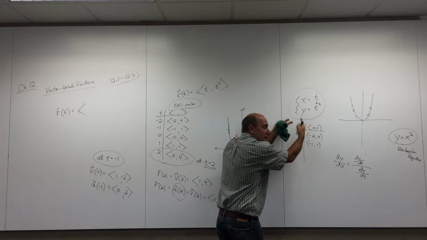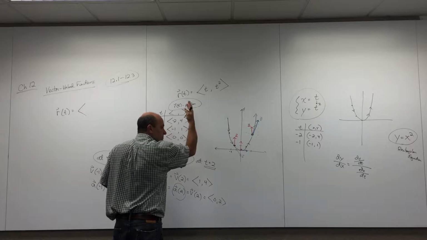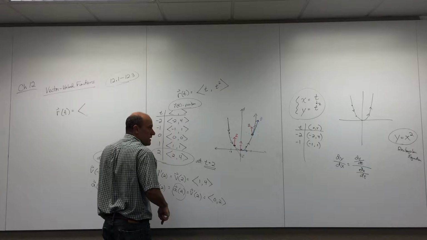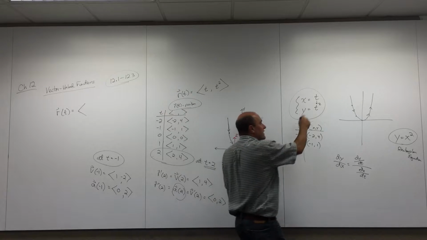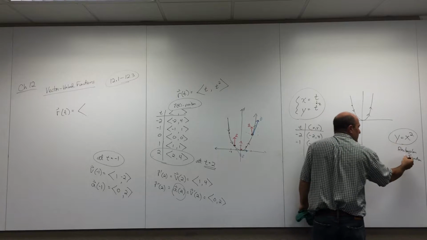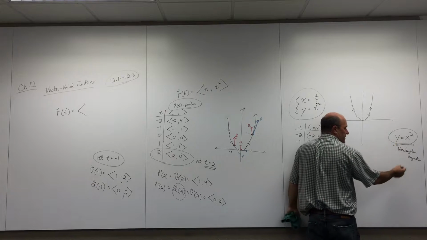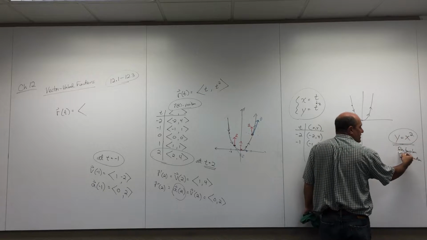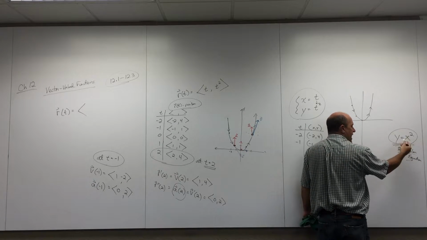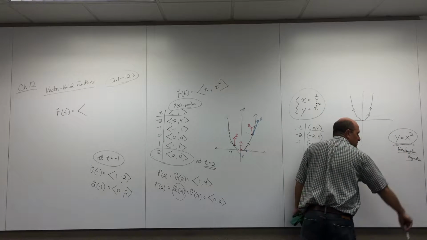Here it is again in parametric format, and here it is again in vector valued function. But sometimes this little trick of solving and substituting helps you see the path. You might not stare at the vector form and know parabola. You might stare at the rectangular equation and know parabola is what I'm saying.